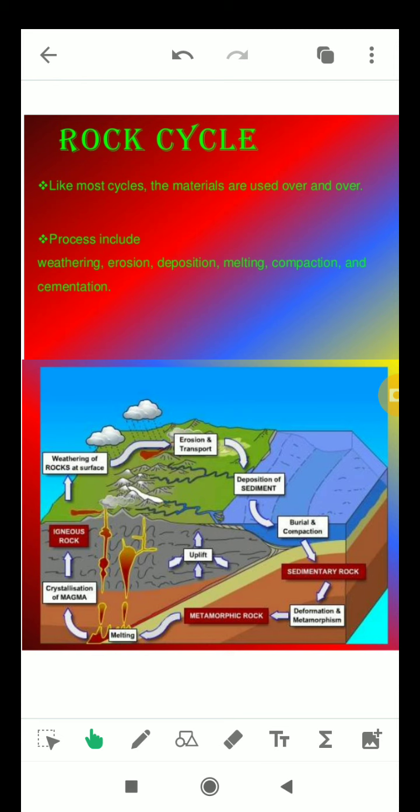Igneous rocks are formed by the cooling and solidification of magma into lava. Sedimentary rocks are formed by the wearing down of the earth's surface. Metamorphic rocks are formed when igneous as well as sedimentary rocks are subjected to immense heat and pressure.